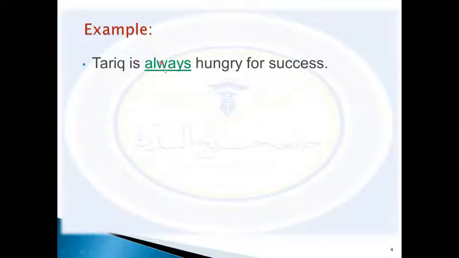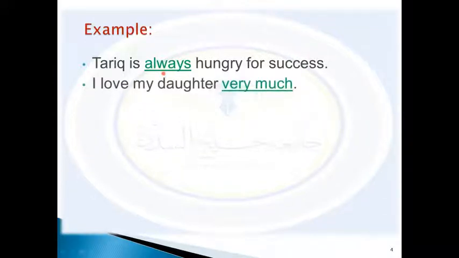Think of Tariq is always hungry. It's not for the verb, but it's for what? Adjective. Always hungry. So this is an adjective which is described, or modified, by what? By the adverb always. I love my daughter very much.